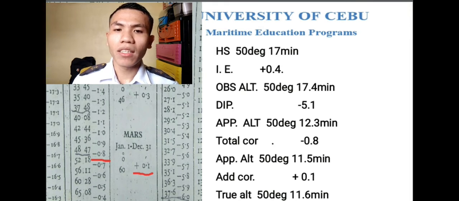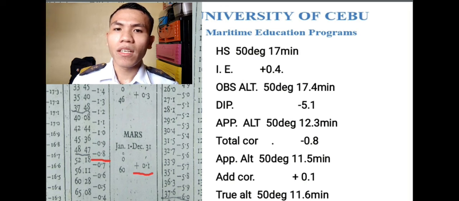So we subtract it, and we have an apparent altitude of 50 degrees 11.5 minutes. And as we can see, this is the planet Mars, and it also has an additional correction.